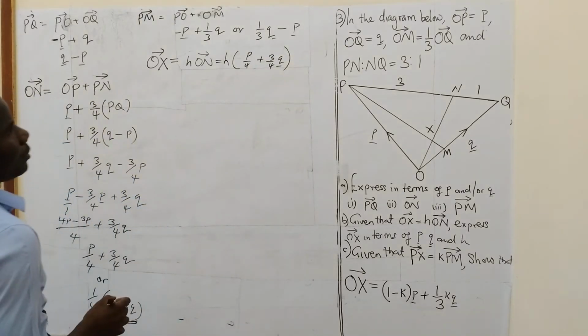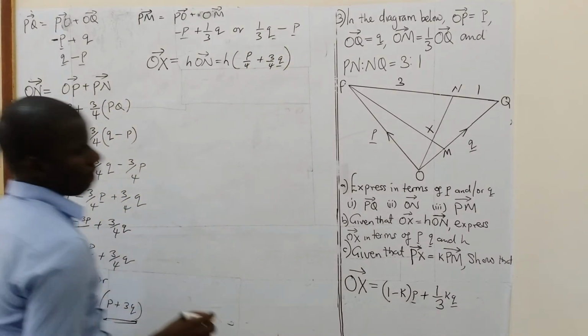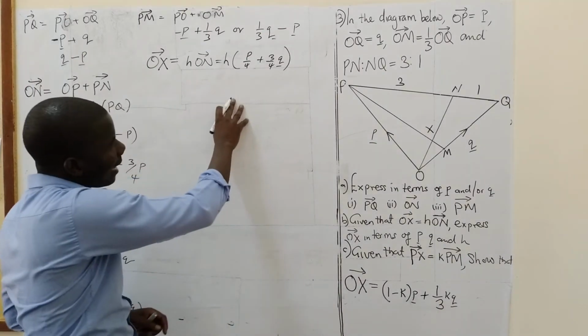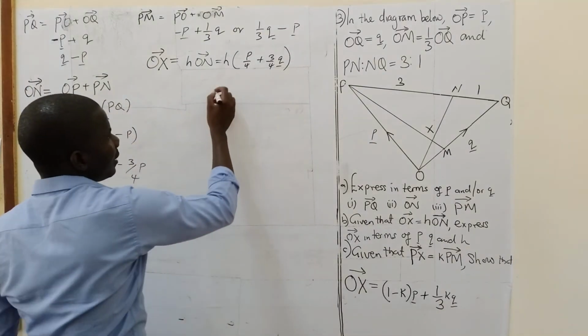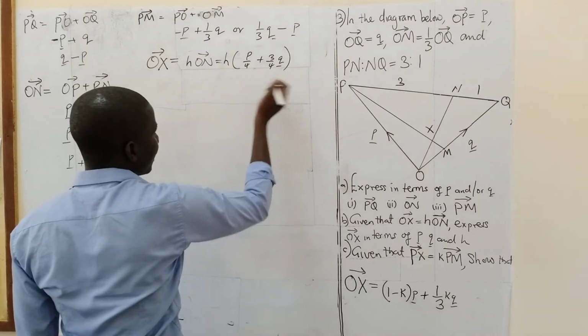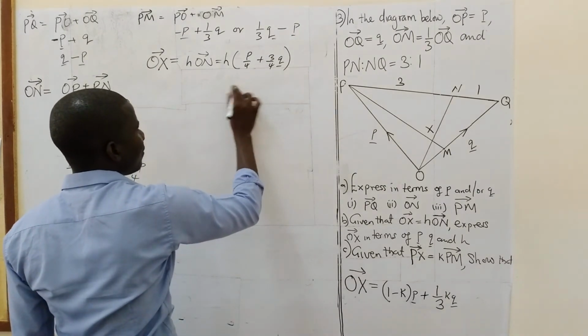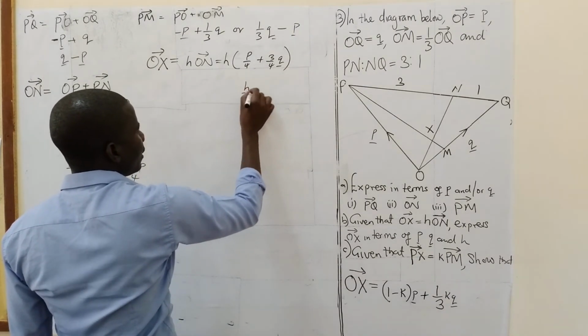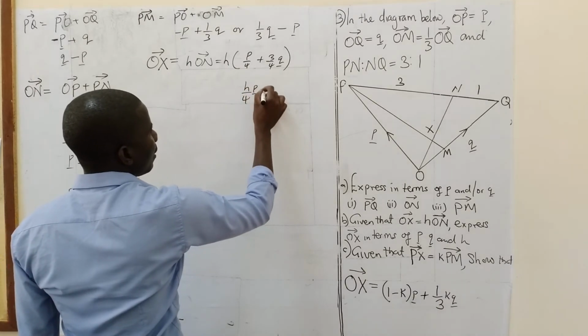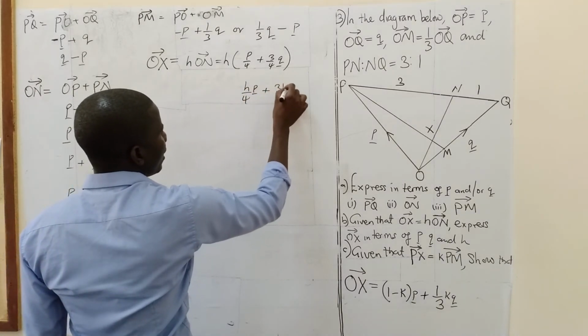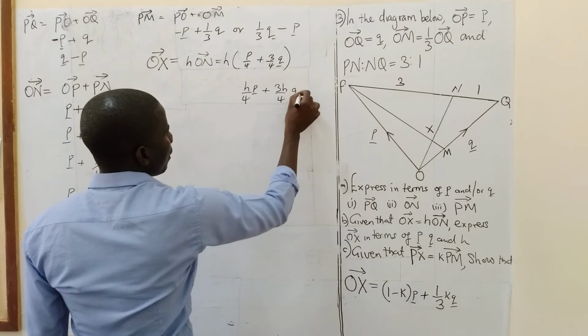Okay, so this could be an answer, but we can distribute h. We can distribute h where we can have h over 4 p plus 3h over 4 q.